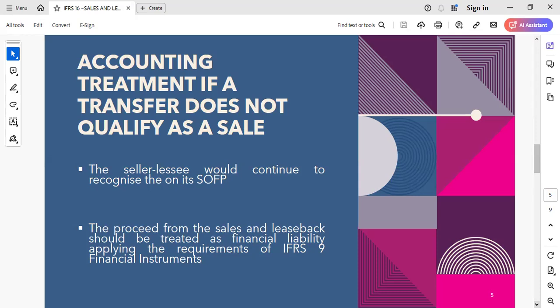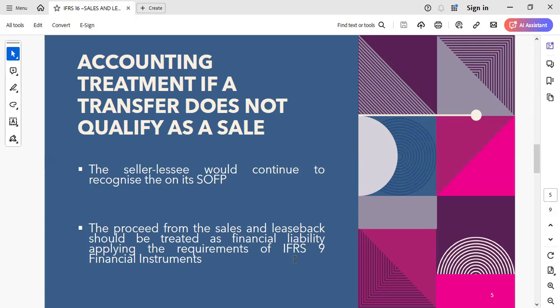And if that happens, the accounting treatment is that the seller lessee continues to recognize the asset, the carrying value of that asset, in the statement of financial position, and then the proceeds, what you receive from the sale and leaseback arrangement, should be treated as a financial liability applying the requirements of IFRS 9 Financial Instruments.